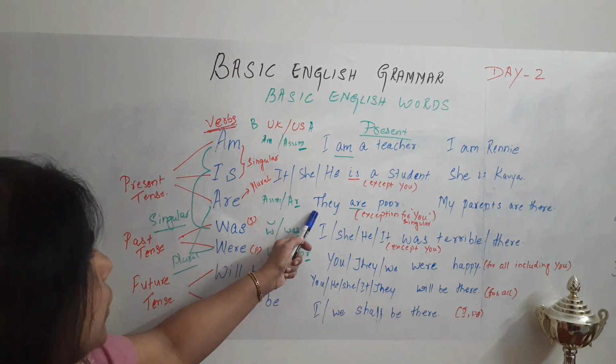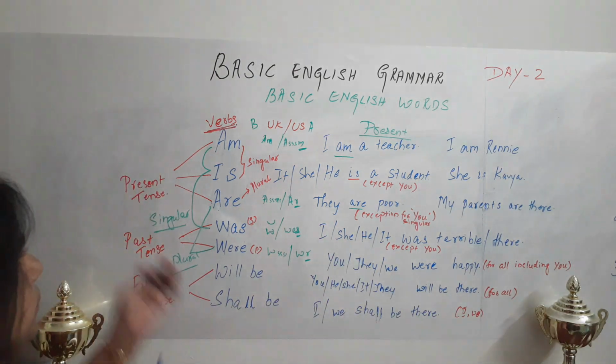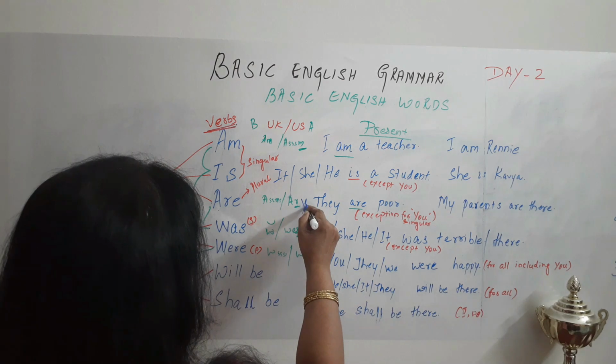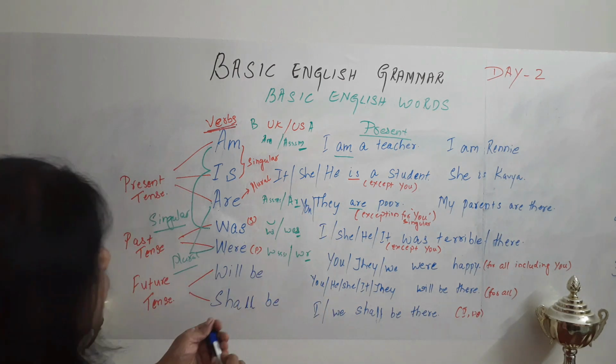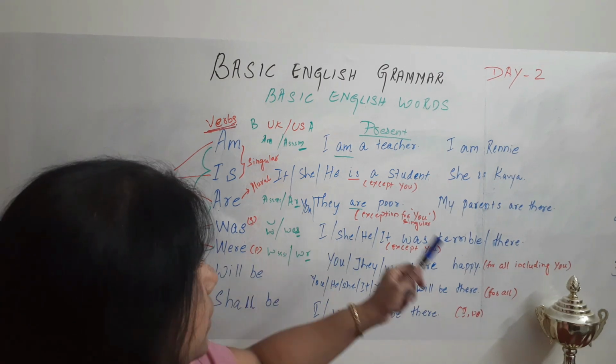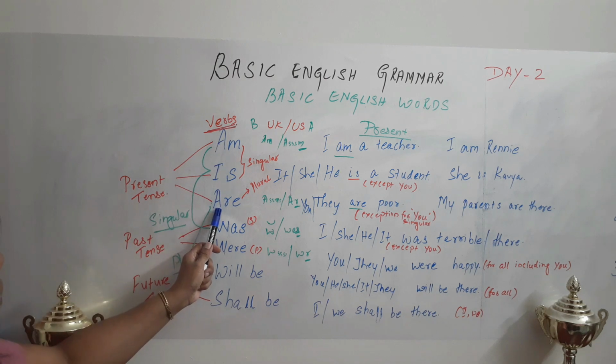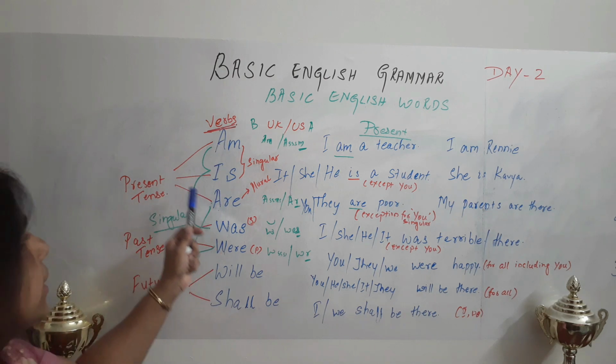Alright, even you can use it for "you are", right? So that is for plural, and also for singular we use "you". Alright, as well as we have seen, "am", "is", "are" are used only in the present tense.